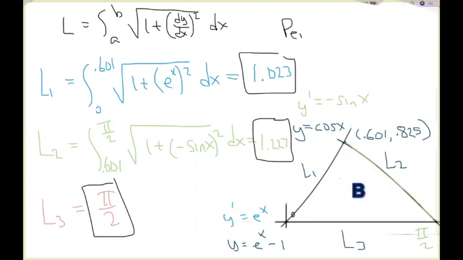The perimeter I ended up with, again, whatever the approximation of pi over 2 is, I ended up with a perimeter of 3.871. All right, so hopefully that went well for you as far as perimeters go. Well, actually, as far as curve lengths go.